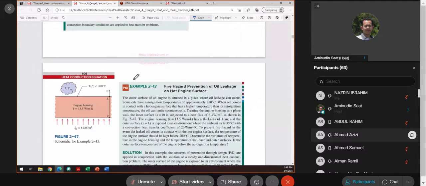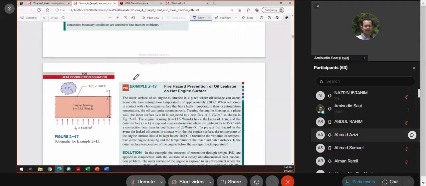Actually, there are several examples in the textbook. The textbook also shows you how to solve the problem in cylindrical coordinates. I will not go through it because we don't have sufficient time to discuss in detail, but if you look at the example discussing the cylindrical case, the steps are similar to those in the Cartesian or xyz coordinates. The same goes for the spherical.